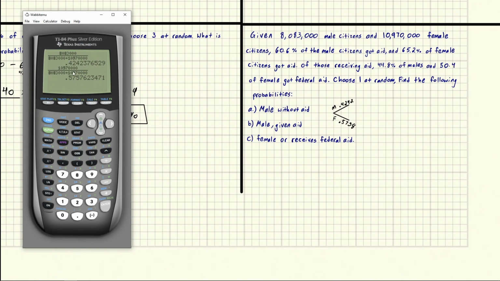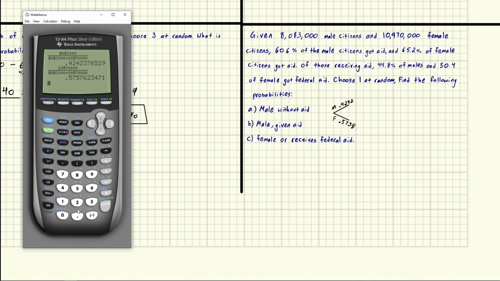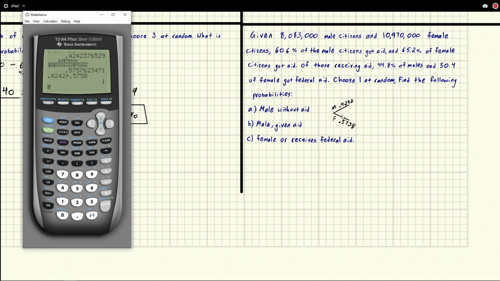So when we add these, we should get 1, or a number very, very close to 1 because I rounded. So we have 0.4242 plus 0.5758, and we get 1. Wow, that is spectacular. Perfect. All right, so that's the first branch.